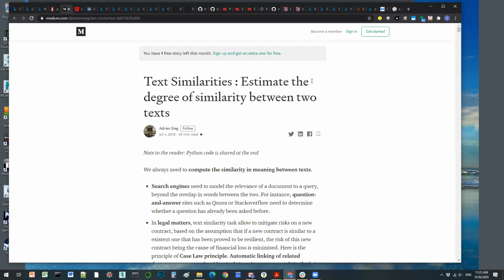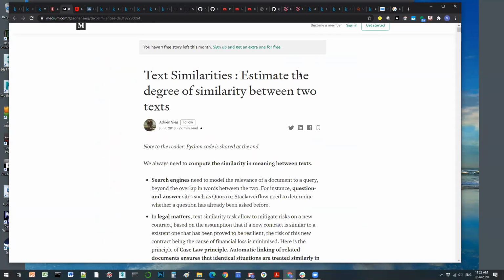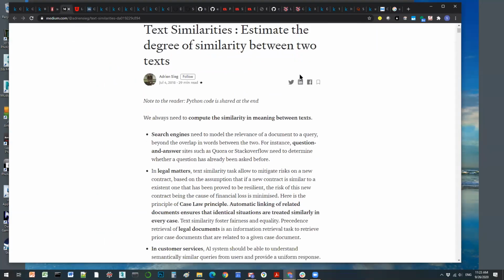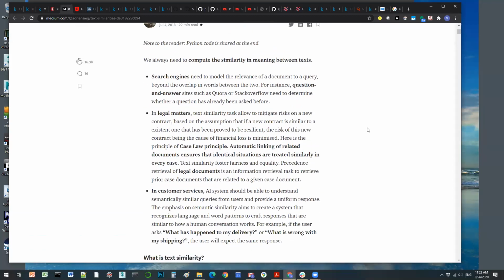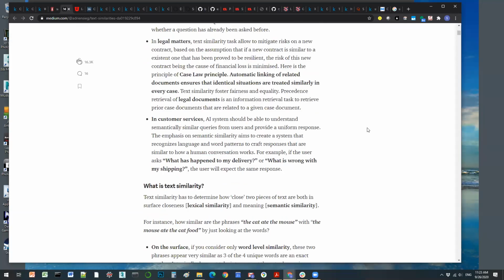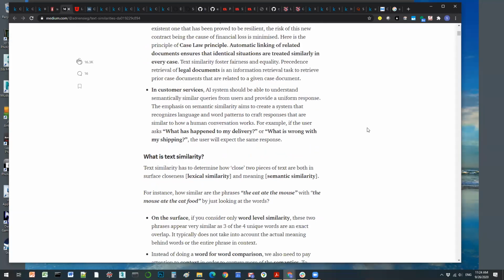Again, I found a quick Medium article on all the different ways that you can compute similarity between texts, and in our case, we can think of just the two questions as text.